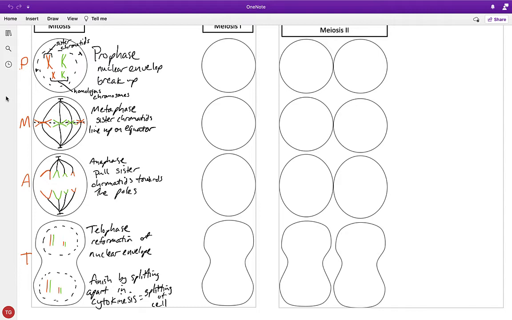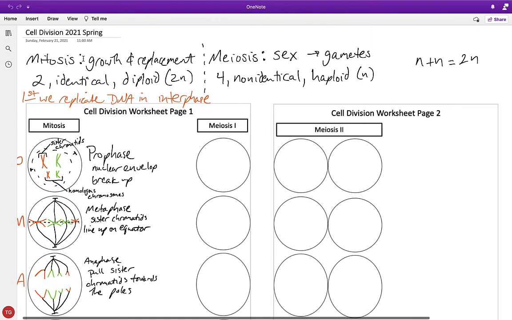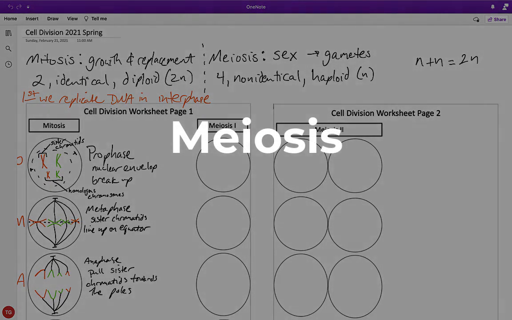So that's going to be kind of the thing that follows up on telophase. And that right there is our PMAT, our prophase, metaphase, anaphase, and telophase of mitosis. Just as a reminder, of course, mitosis forms two identical diploid cells for the purpose of growth and replacement.